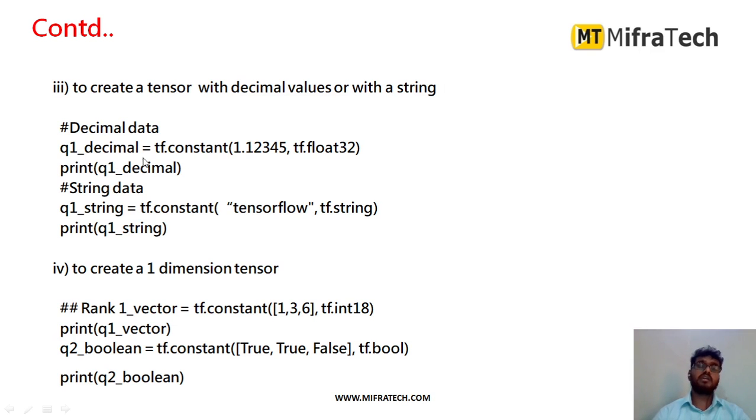If we print q1_decimal, we are going to get a tensor with a decimal value. Or we can also use string data: for tf.constant, we give TensorFlow as a string with tf.string. If we print, we are going to get a string tensor as output.